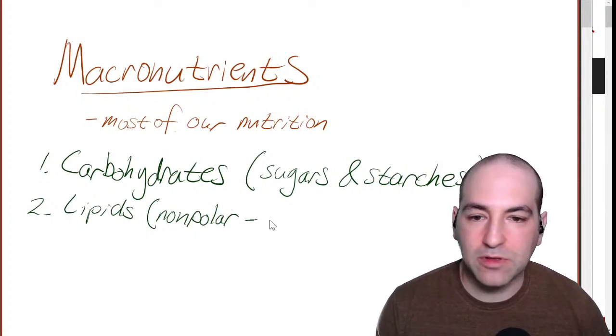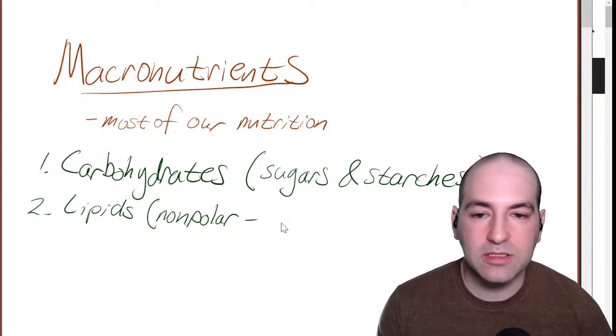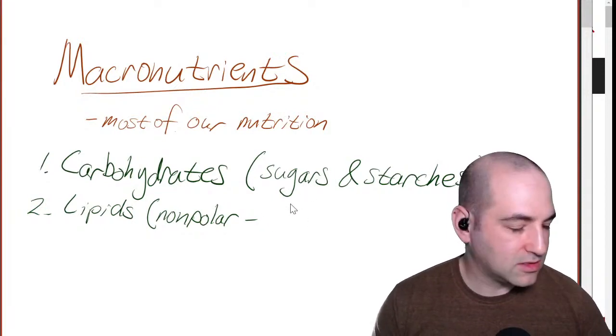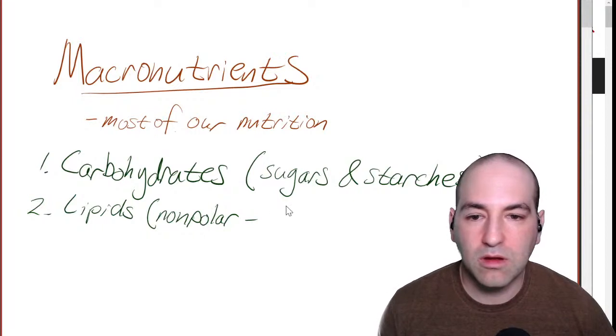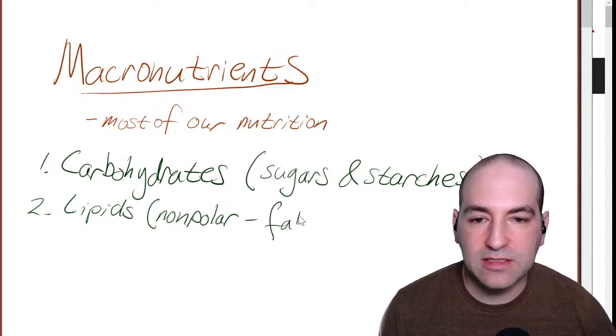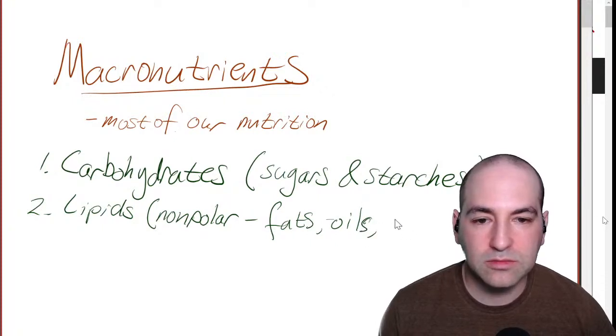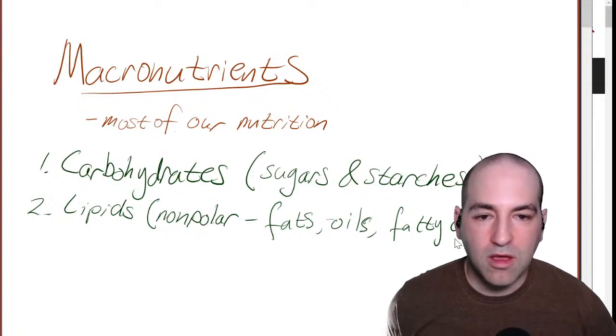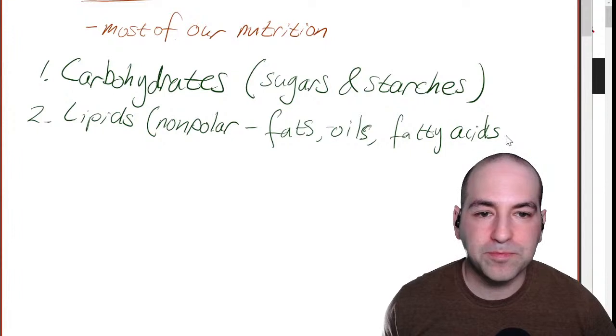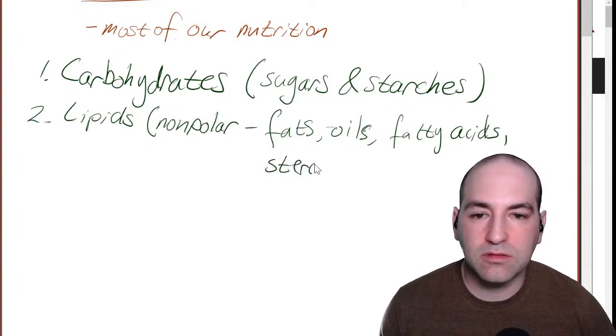So just for examples, the things we talk about most when we talk about lipids and that we'll look at today are things like fats, oils, and fatty acids, but also stuff like steroids, hormones.